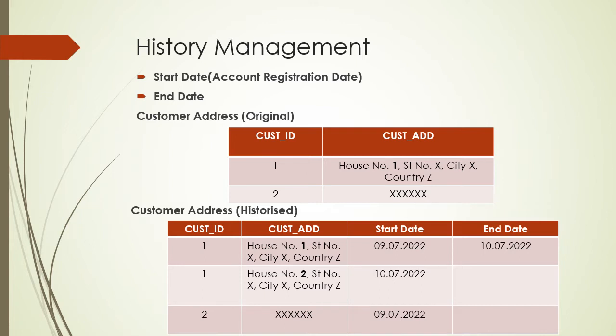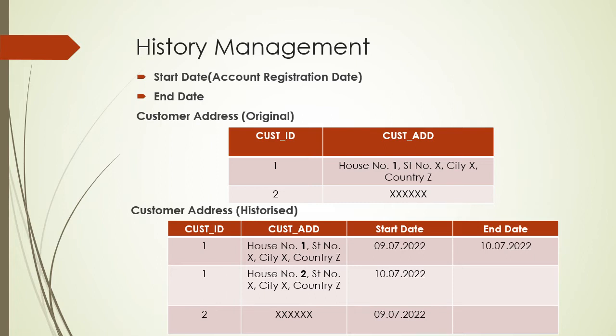So you have the 9th of July 2022, and then you have this end date, 10th of July 2022, which means that you received this record on 9th of July, and then on 10th of July there is a change. See, the customer address has changed.